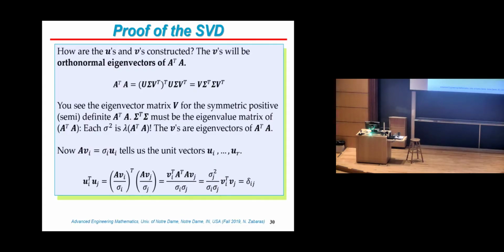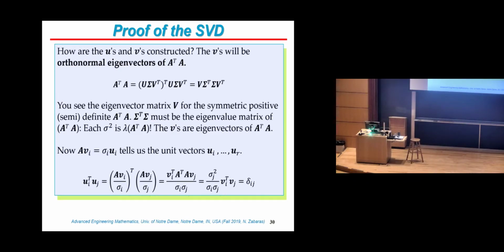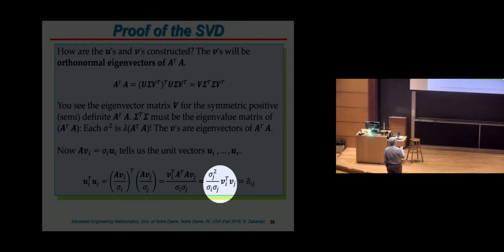Why is that? Why is A transpose A vj equal to sigma j squared vj? As per discussion 25 seconds ago.